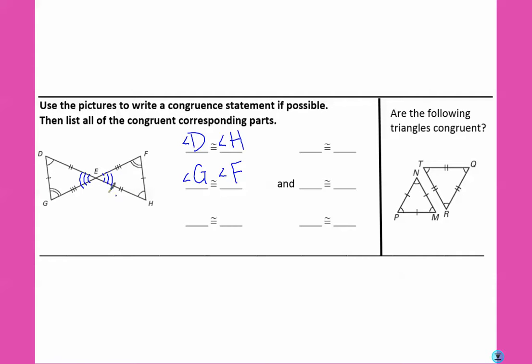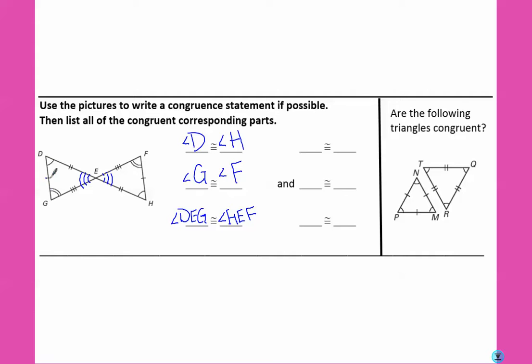So I'm going to use 3 letters to represent this angle because otherwise they'd both be angle E. So angle DEG is congruent to angle HEF. What about the sides?